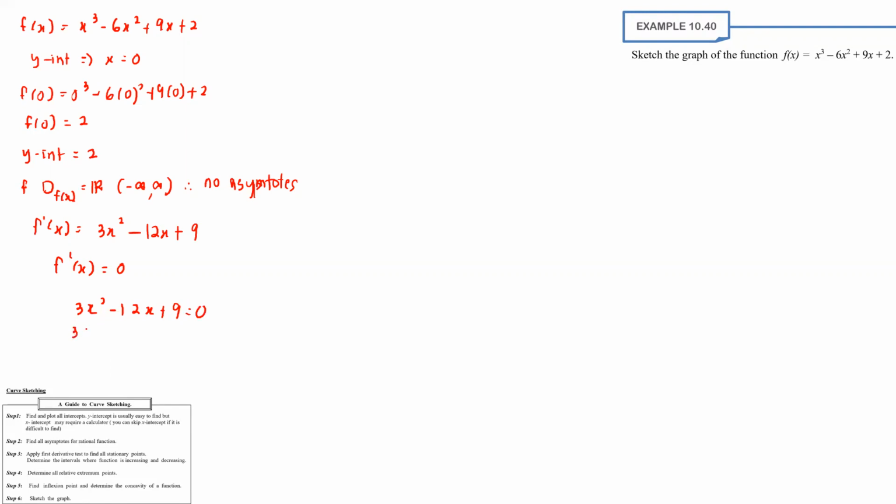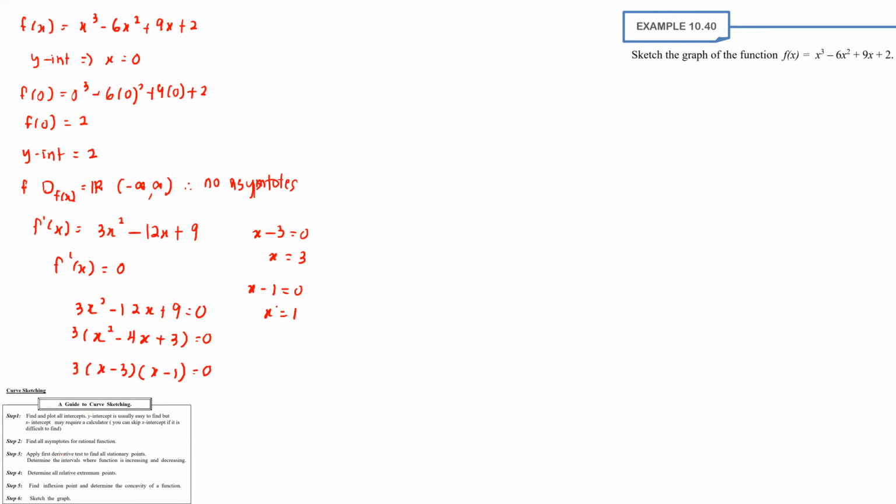This can be factorized: x squared minus 4x plus 3 equal to 0, which is (x minus 3)(x minus 1) equal to 0. So x minus 3 equal to 0 gives x equal to 3, and x minus 1 equal to 0 gives x equal to 1. Here we already found x equal to 3 and 1, right?